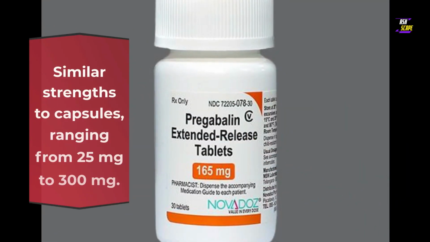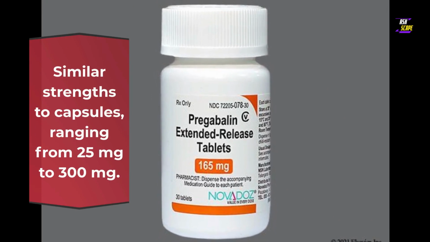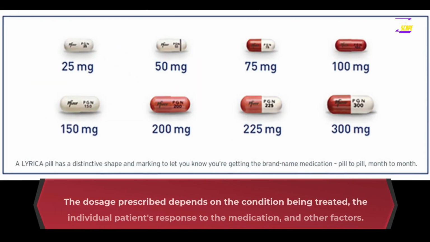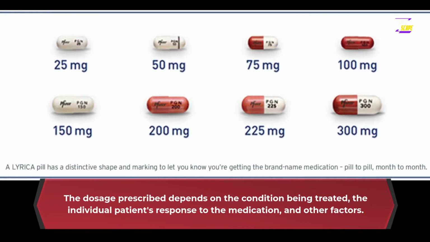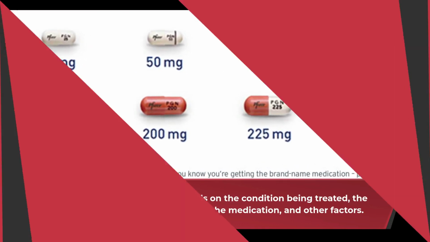Similar strengths to capsules, ranging from 25 mg to 300 mg. The dosage prescribed depends on the condition being treated, the individual patient's response to the medication, and other factors.